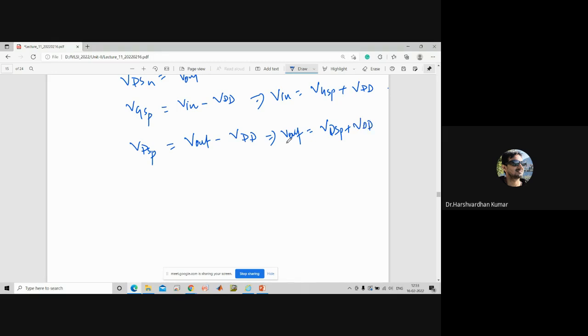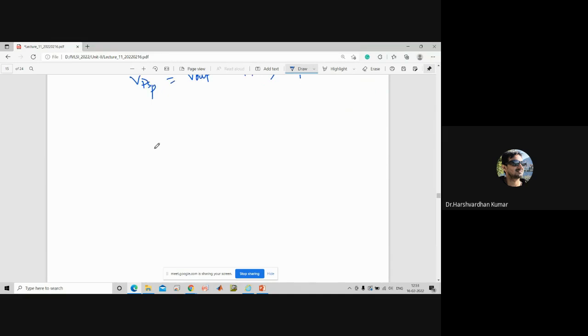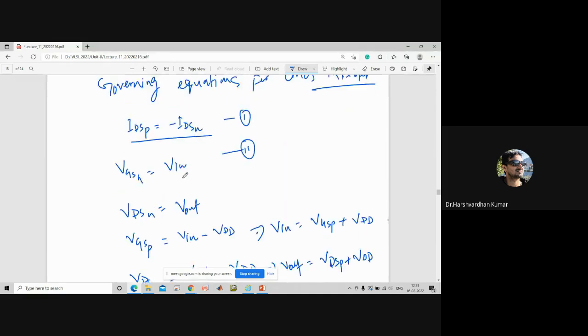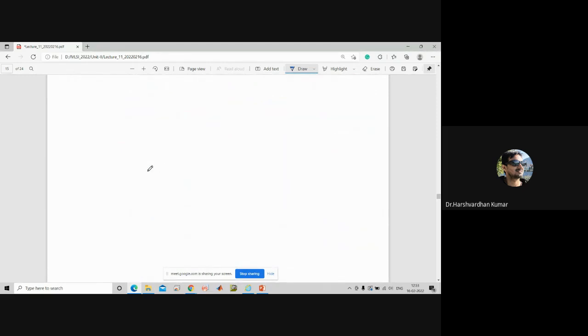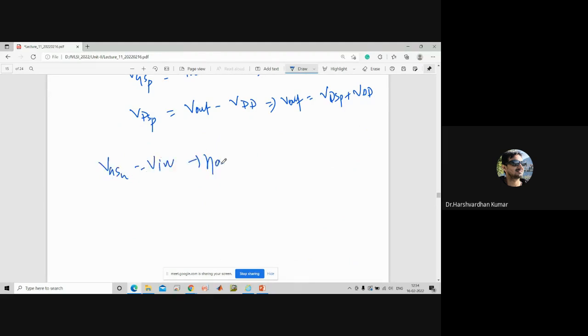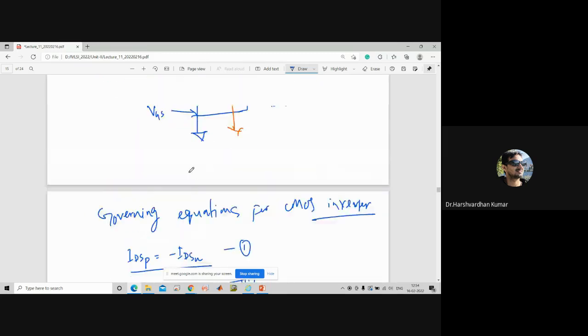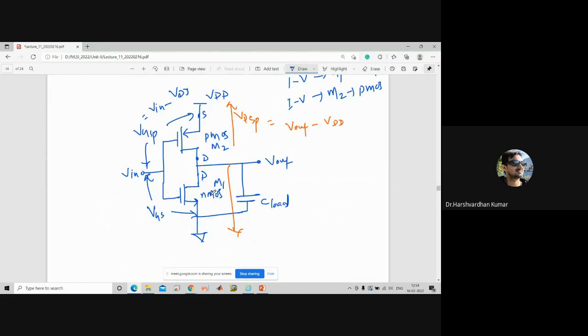Now we need to understand how we are saying that VGSN is equal to Vin, because some students may not be able to understand this. If you know the rule of potential difference, then VGSN is equal to VG minus VS of the NMOS transistor. The gate terminal of this NMOS transistor is connected to the input voltage.